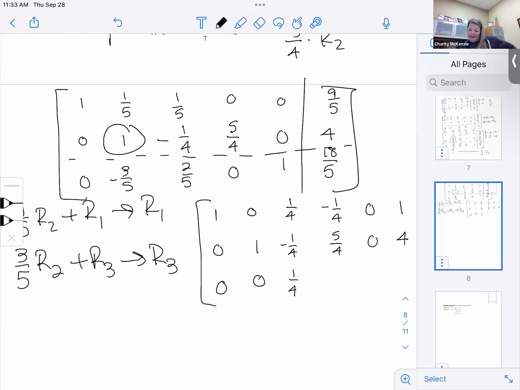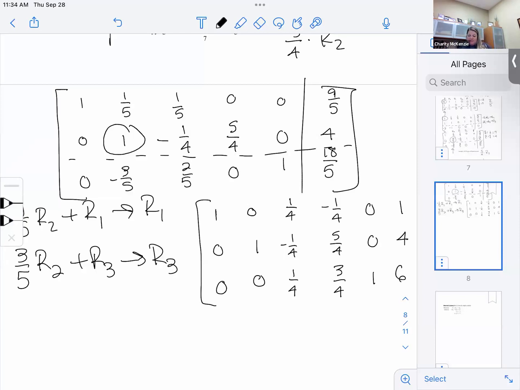Okay, and then negative 5/4 times 3/5 is going to give me 3/4 plus 0 is 3/4. 0 times anything is 0 plus 1. Perfect. 4 times 3/5 is 2.4. Add that to 18/5, and I get 6.